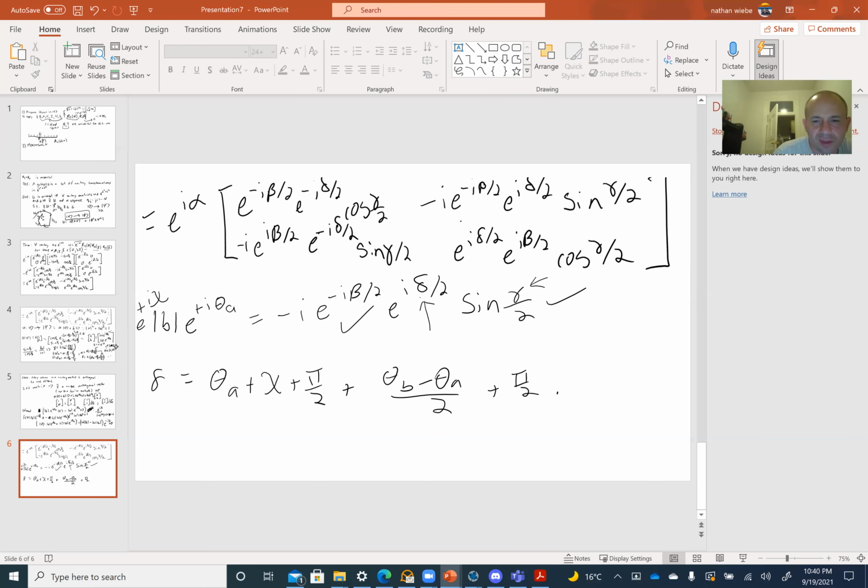And so this ends up showing an explicit value of delta. And then by back substituting, we can end up finding the rest of the parameters, alpha, beta, gamma, delta.